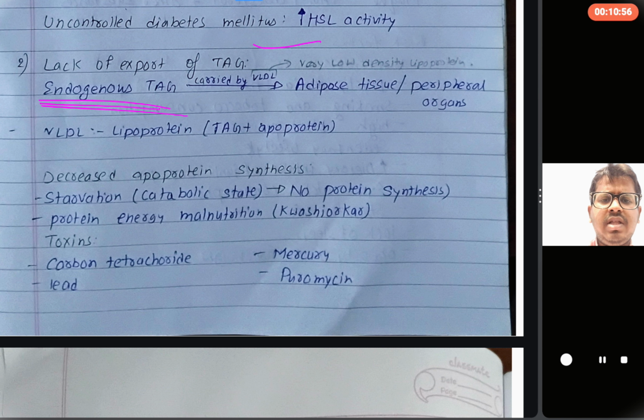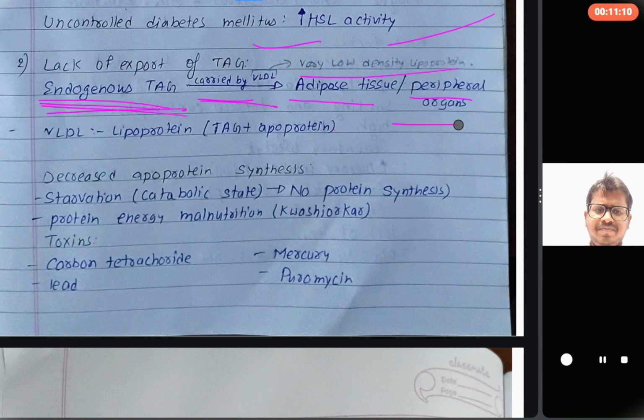Normally it is carried by VLDL, very low density lipoprotein, to adipose tissue and peripheral organs. What is VLDL? VLDL is a lipoprotein, and inside it is triacylglycerol plus apoprotein.